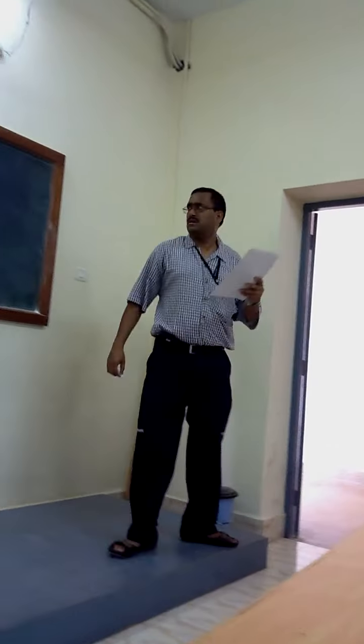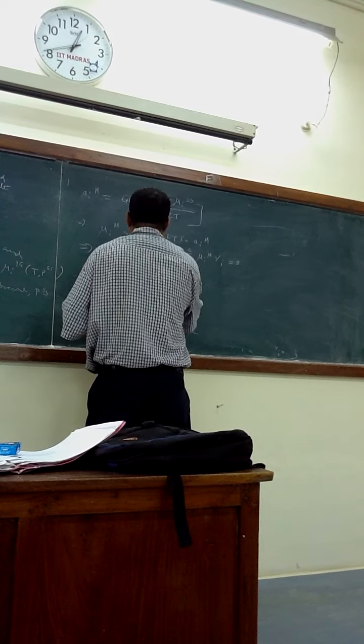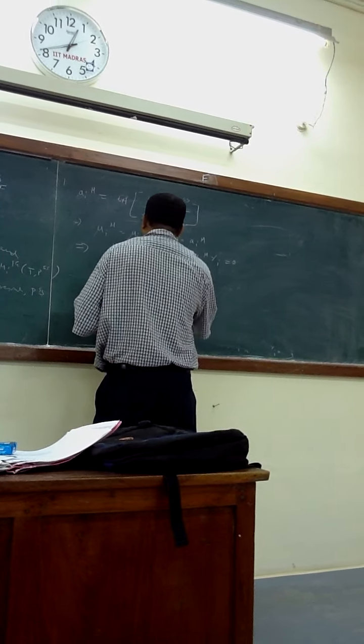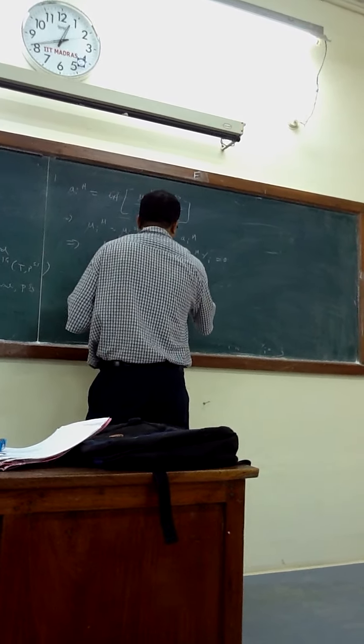Now we can apply your basic knowledge. For chemical reaction equilibrium, at equilibrium, just now we have learned summation i equals 1 to C mu i M gamma i equals 0. So this mu i M can be substituted here. If you do that, summation i equals 1 to C of mu i SS plus RT ln a_i^M, times gamma i, equals 0.